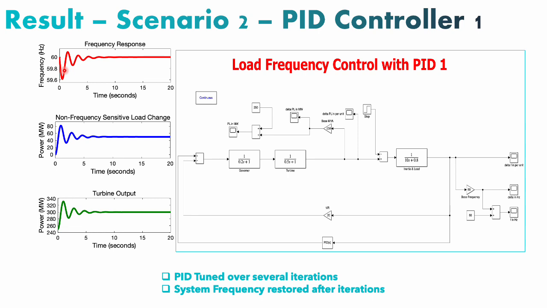After the iterations we were able to tune the PID, and we got a frequency response from the original 59.5 Hz to 60 Hz. But this had to go through several iterations, 60 to 100 iterations, before we were able to reach this close to perfect output.